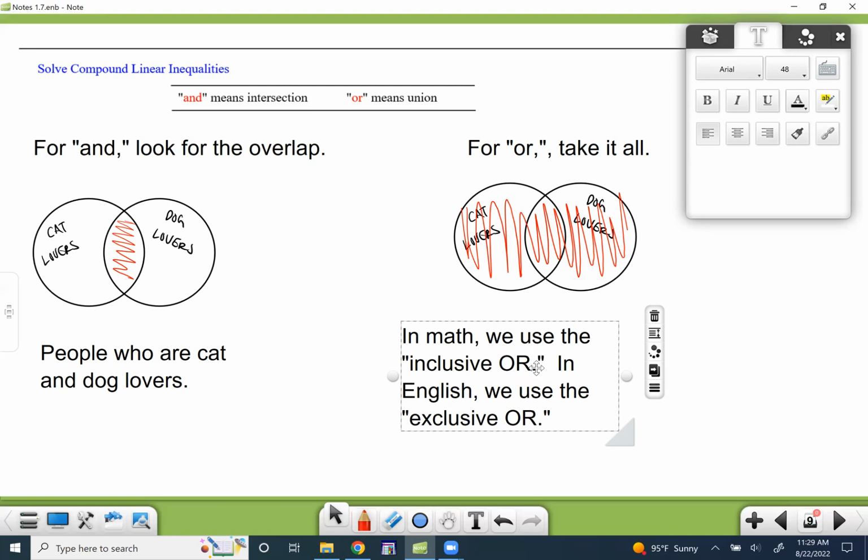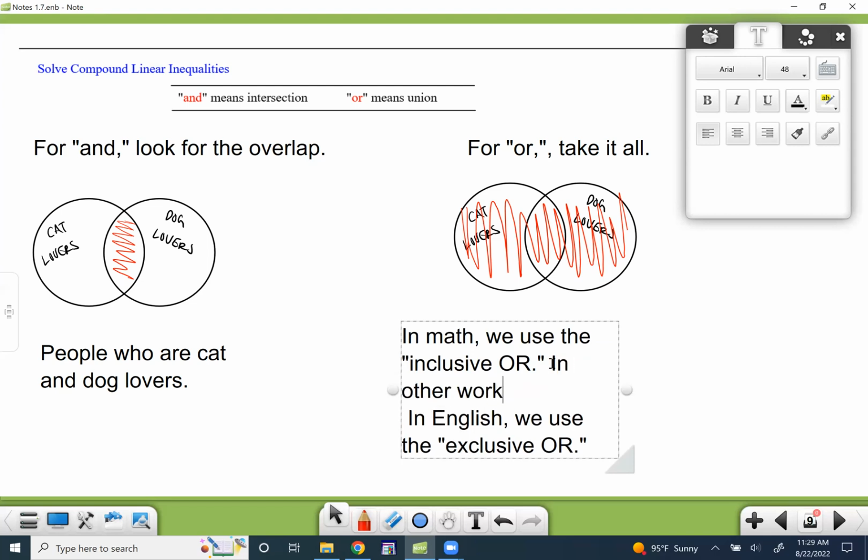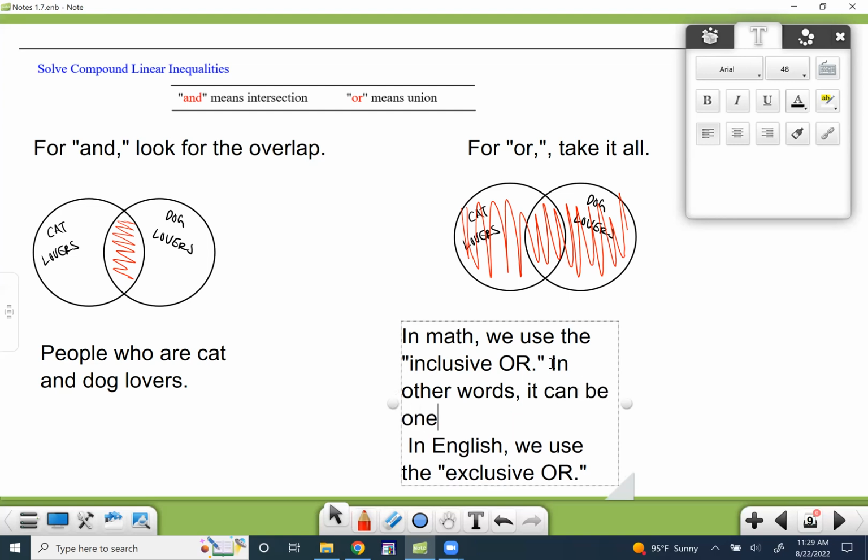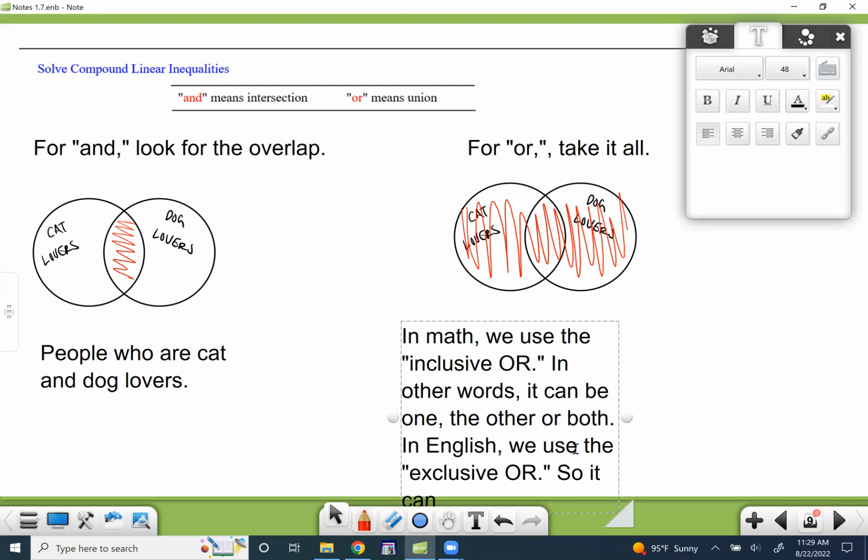Okay. So let me elaborate on these a little bit. In math, we use the inclusive "or." In other words, it can be one, the other, or both. In English, we use the exclusive "or," so it can only be one or the other. So, what does that do?